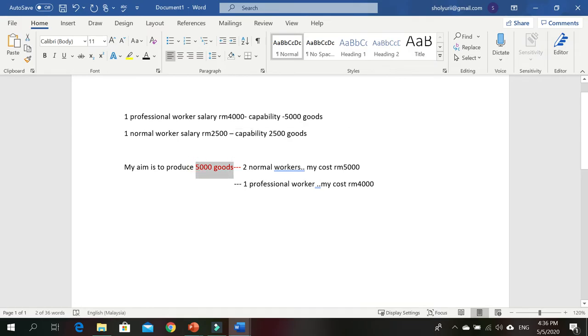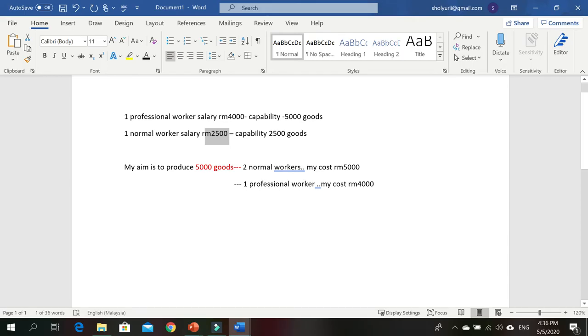Kalau saya upah normal worker, saya akan terlebih kos RM1,000. Sebab satu normal worker gaji dia RM2,500, untuk dapatkan 5,000 barang saya kena upah 2 orang. Hopefully you faham lah. Normal worker ni biasanya kita cari masa short run, sebab gaji dia lagi murah. Sebab short run kan kita ada constraint, we don't have much money, right?